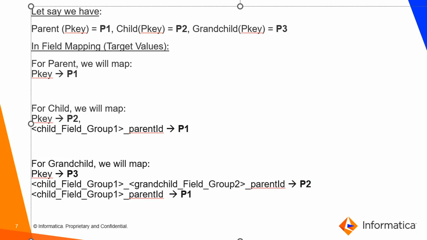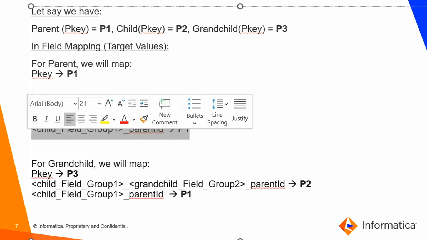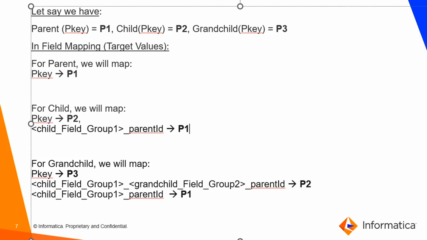So it's simple: PKey is fine. For parent PKey is P1, for child PKey is P2, for grandchild PKey is P3. But for the child to connect with the parent we have this extra mapping, and for the grandchild to connect with the parent and child, we have these two columns.